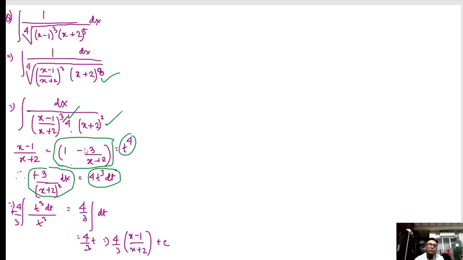So from here, as you can see, dx by x plus 2 whole square will be 4 by 3 t cube dt. Here we have written 4 by 3, and down we have taken this part as t, so t cube. So it becomes this, and replacing now t, that is the answer.